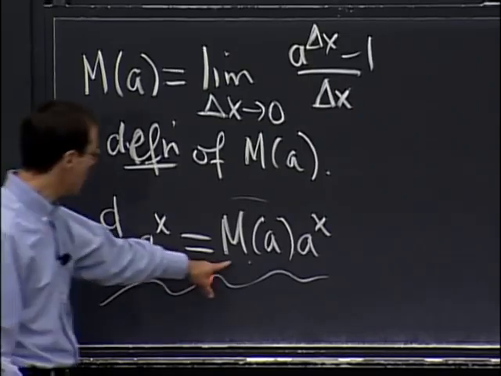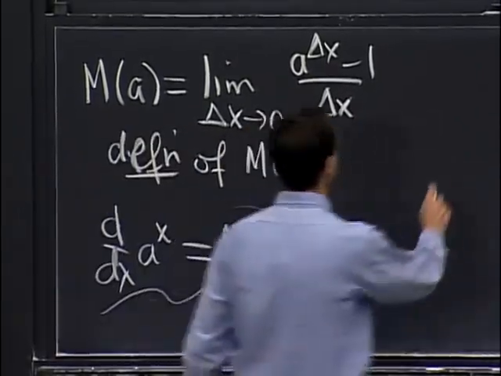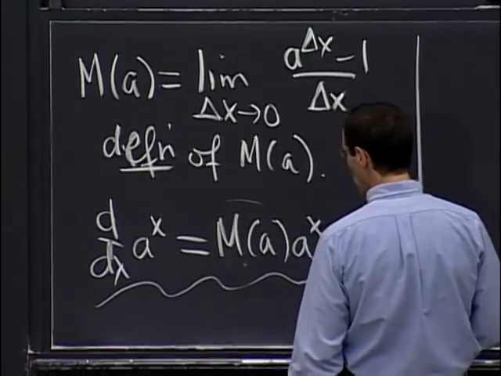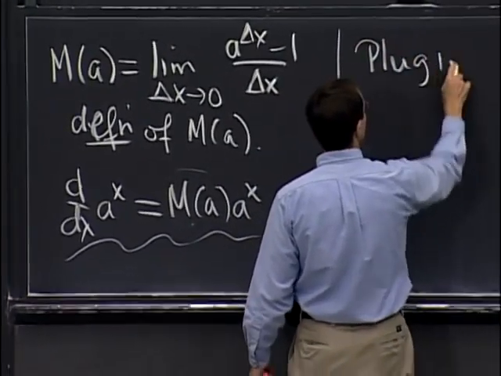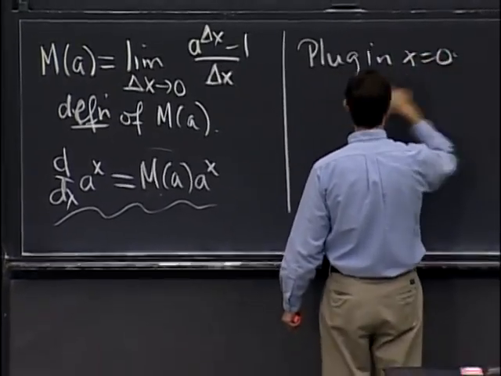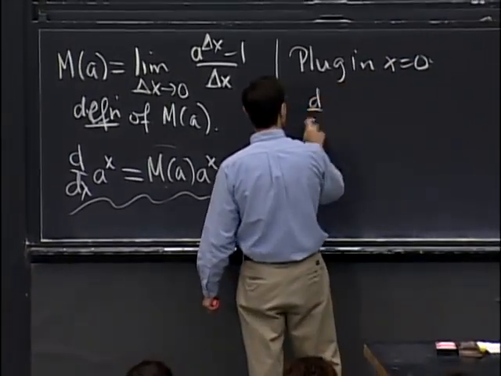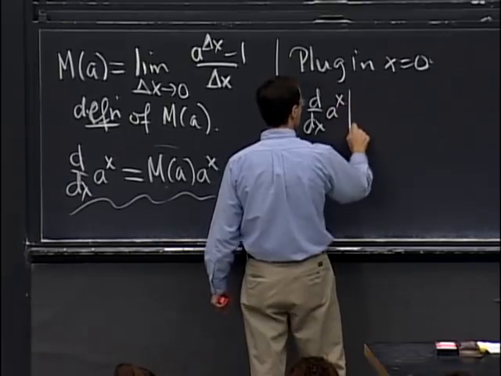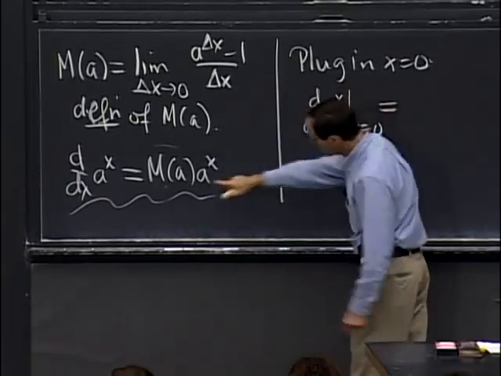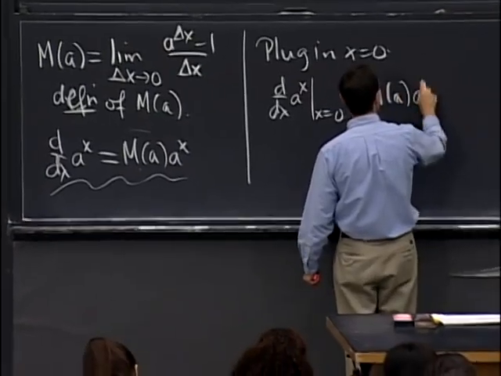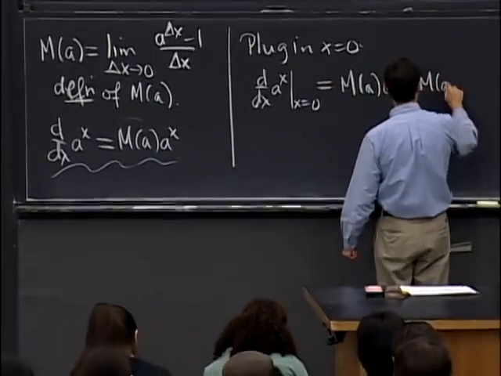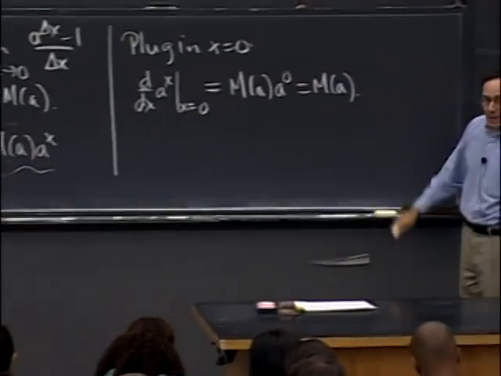So let me point out two more things about this number m of a. So first of all, if I plug in x equals 0, that's going to be d by dx of a to the x at x equals 0. According to this formula, that's m of a times a to the 0, which is, of course, m of a. So what is m of a?